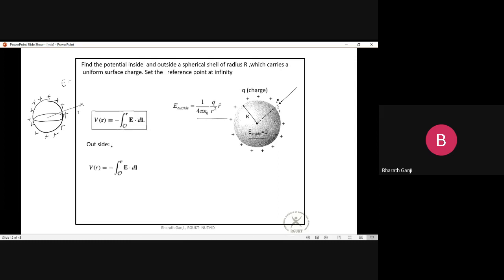If you try to find the potential outside at any point at distance r, you simply have to integrate from infinity to r of E dot dl, and you again end up with an answer equal to the potential you get for a point charge. Which is not surprising. But what is the potential inside?